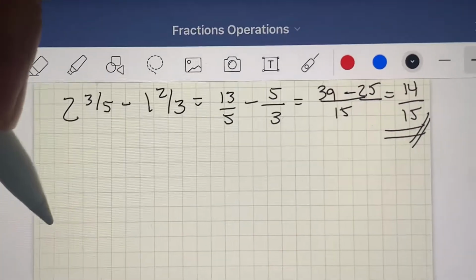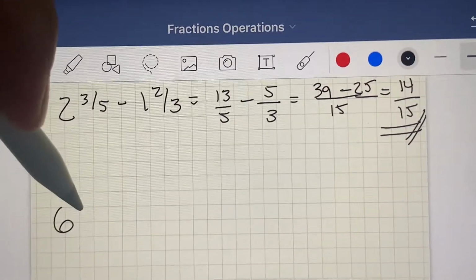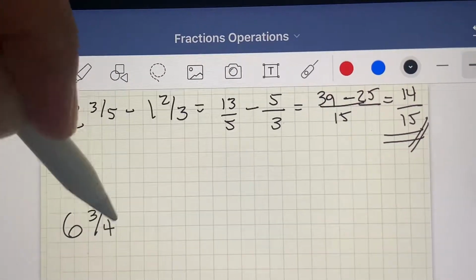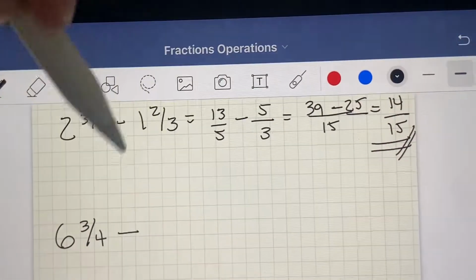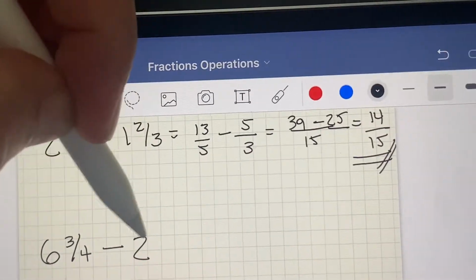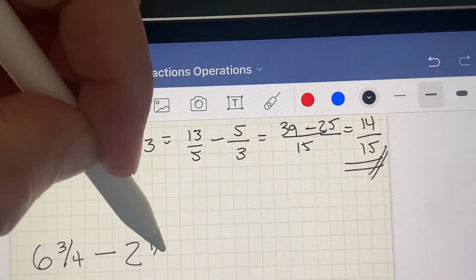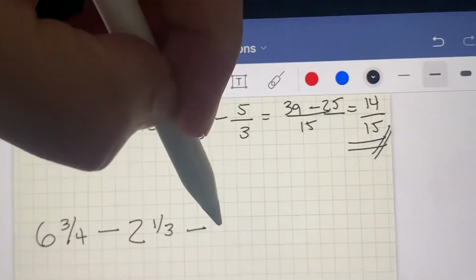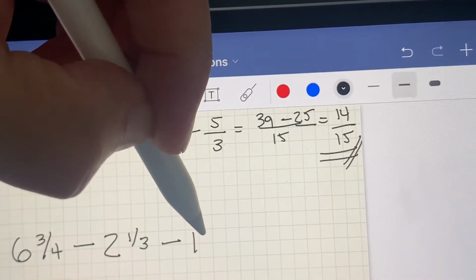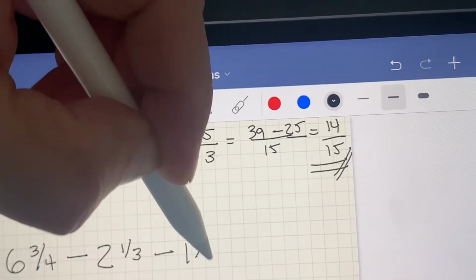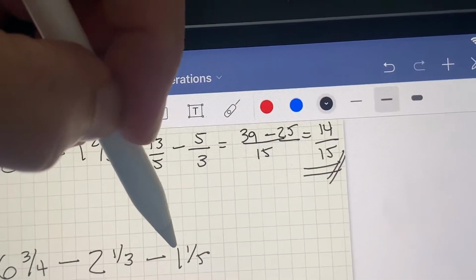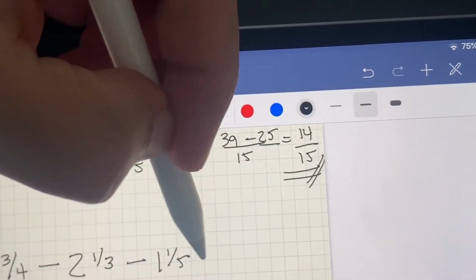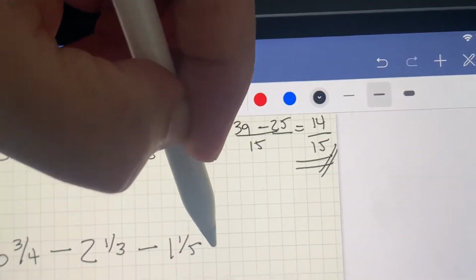Okay, so let's do 6 3/4 minus 2 1/3 minus 1 1/5. Okay, so we can do a split thing, right?